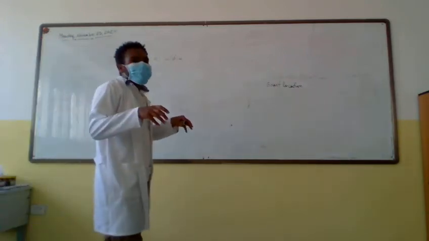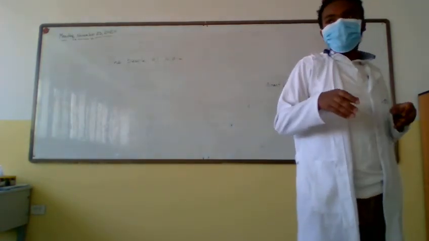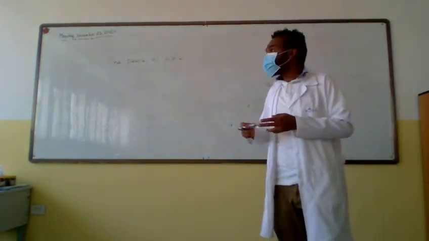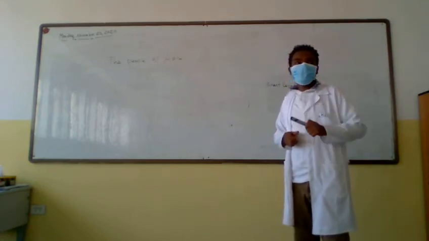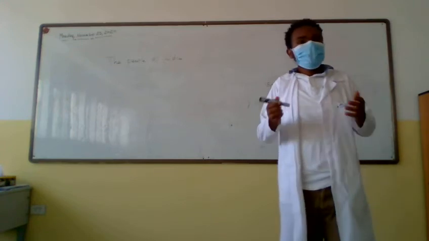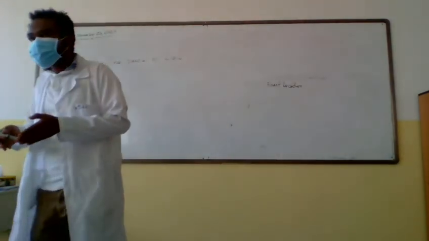We can get the exact location of a given place by using those coordinates. We call them latitudes and longitudes, or parallels and meridians.